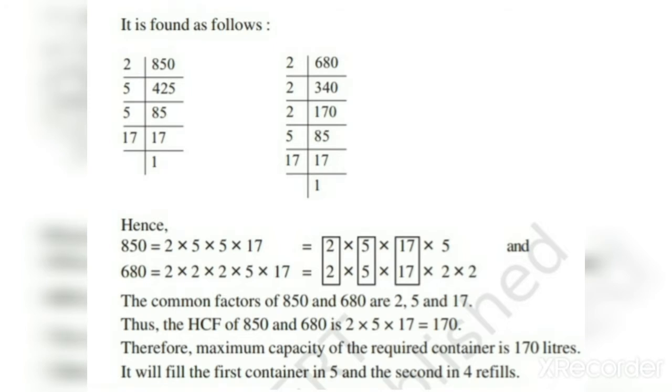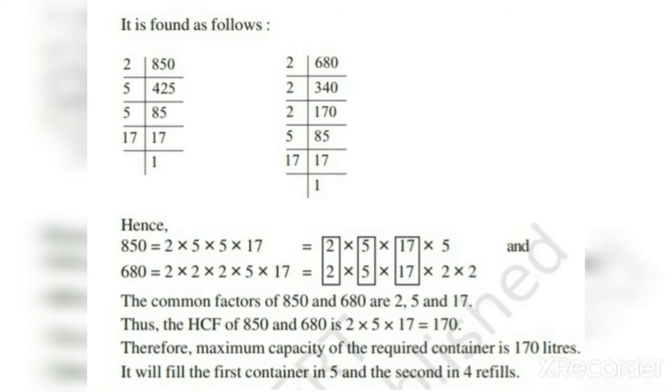Here we have done prime factorization of 850 and 680 by the division method. If you wish, you can use the factorization method, factor tree method.